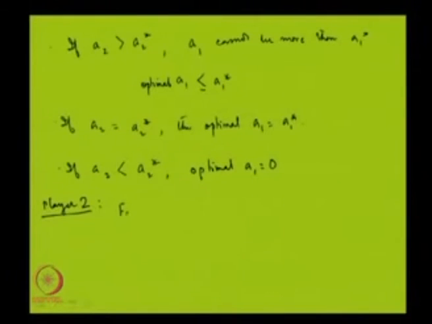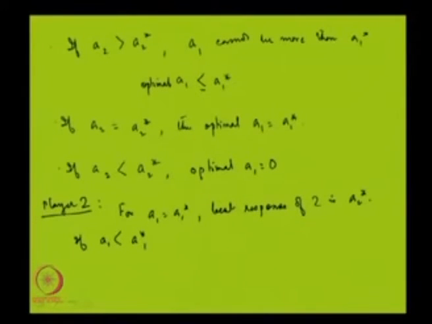For A1 equal to A1 star, the best response I know is A2 star, that has been established. So, the only thing I have to look at is that if A1 is less than A1 star, then what should be the best action of player 2?